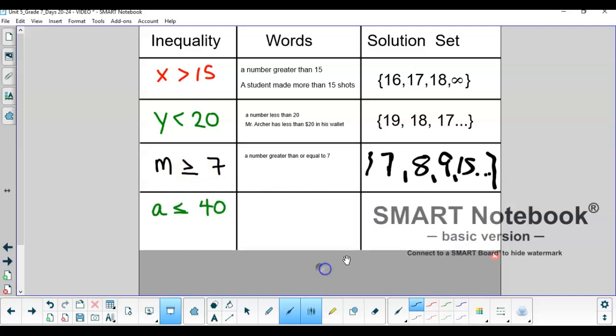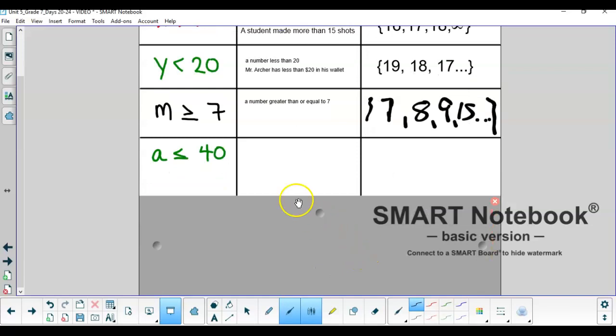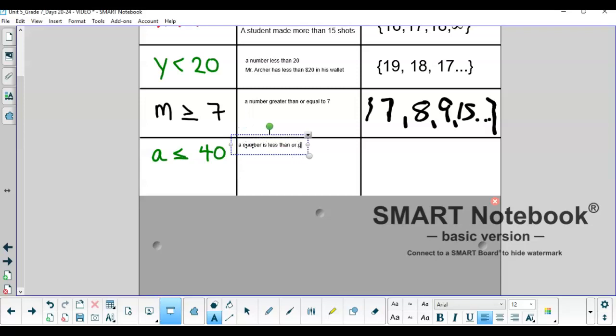And then the last example that I'm going to do with you before you get to some of these that you're going to start trying on your own in a couple of slides, we have A is less than or equal to 40. So a number is less than or equal to 40. Again, a real life scenario of this could be something like I invited 40 or less people to my party.